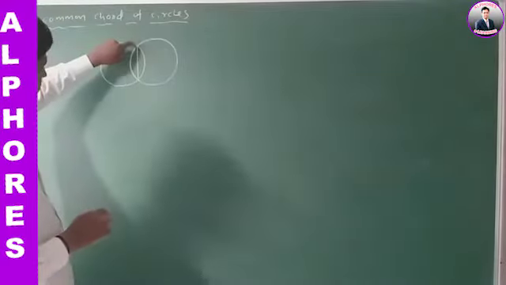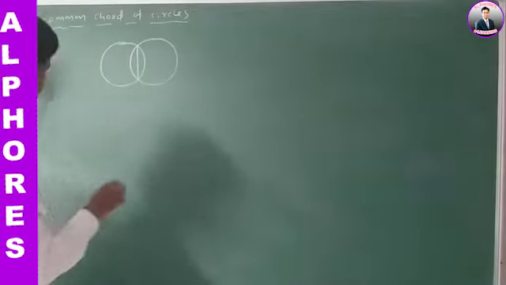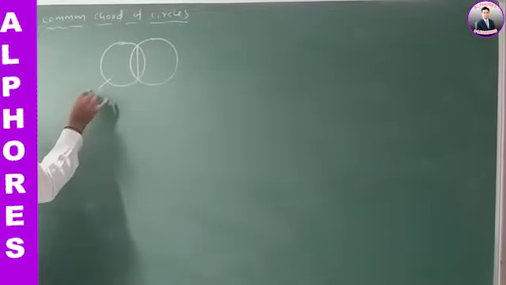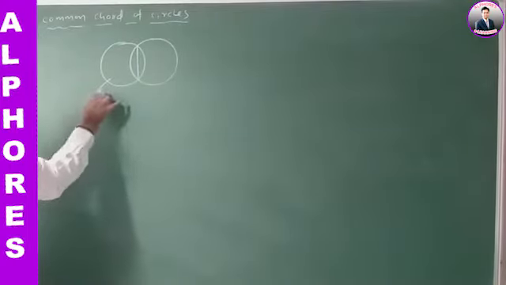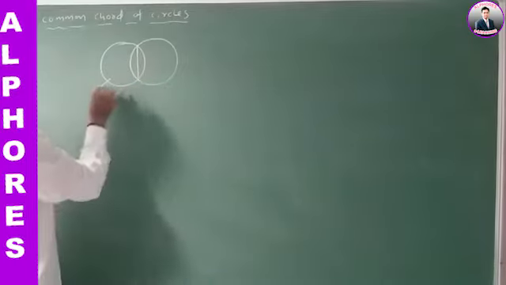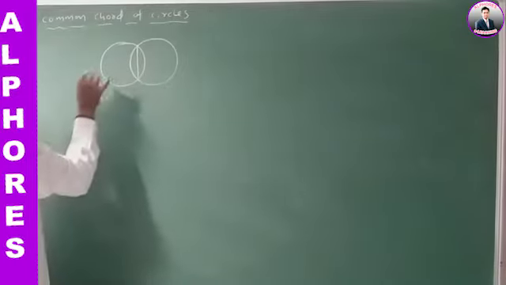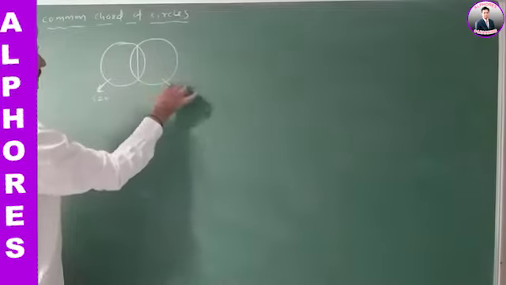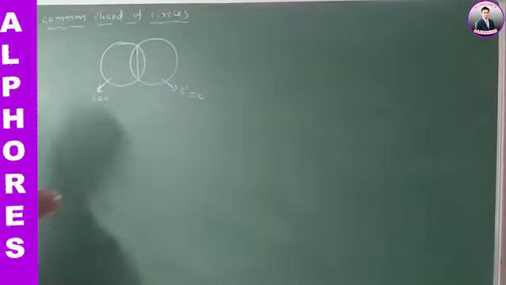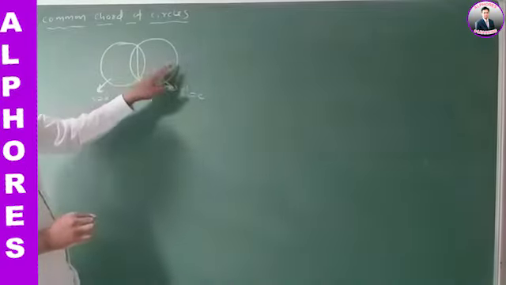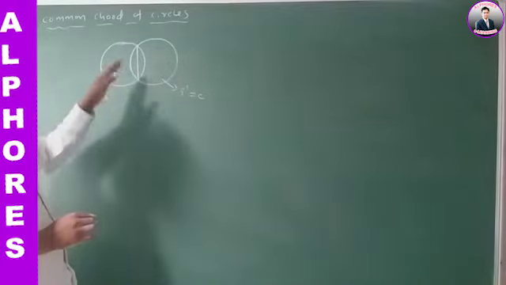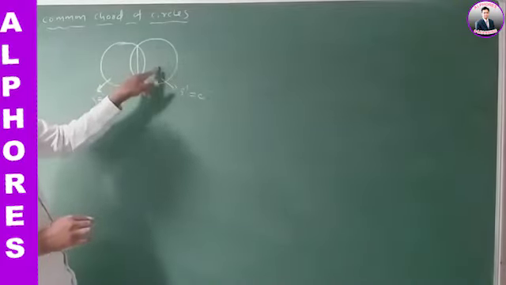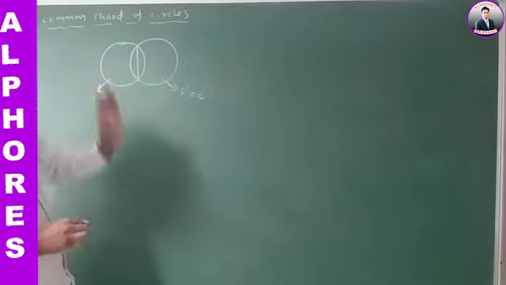The equation of the common chord. Suppose this is S equal to 0, and now this is S dash equal to 0. If the 2 circles intersect each other, then the common chord of these 2 circles is the radical axis of these 2 circles.